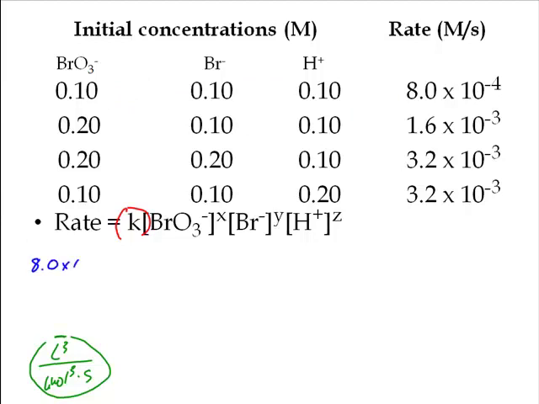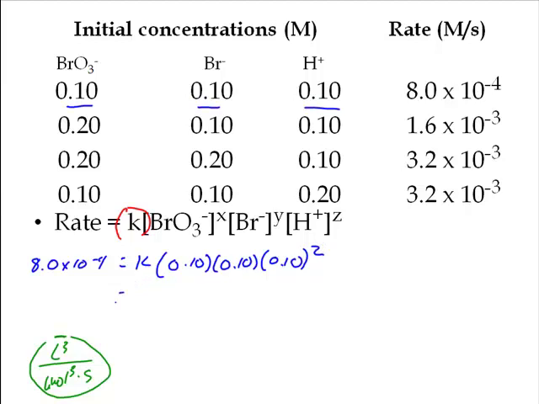The rate is 8.0 times 10 to the negative 4th, which equals K, times, now look at this, 0.10 times 0.10 times 0.10 squared, right?